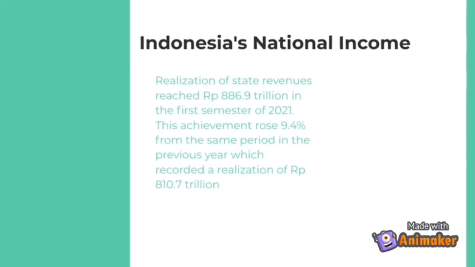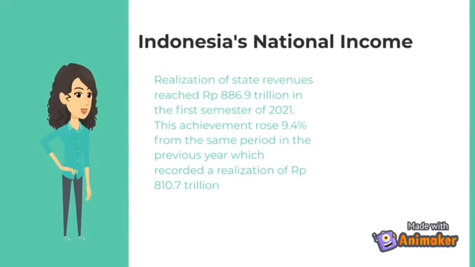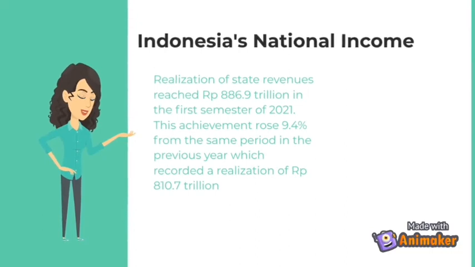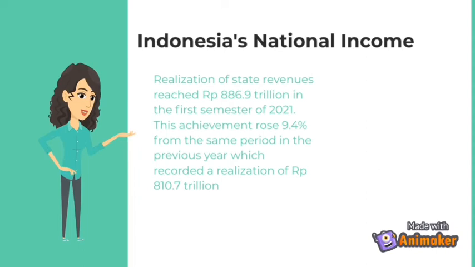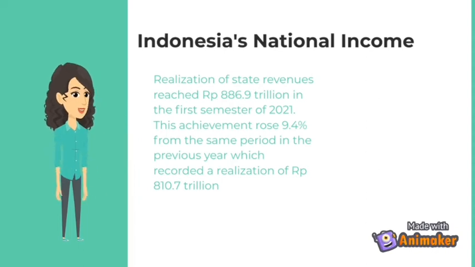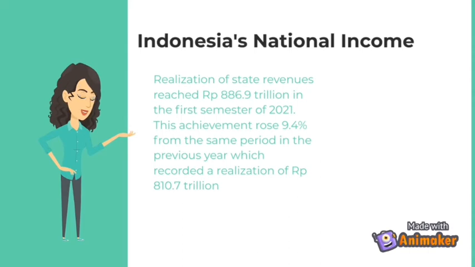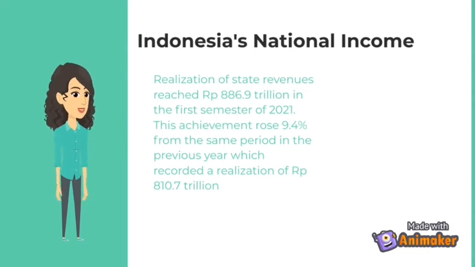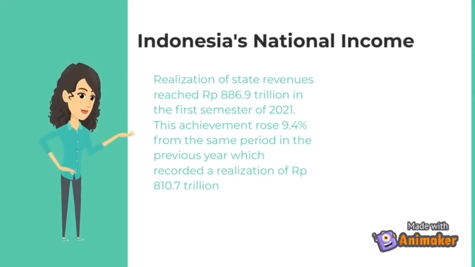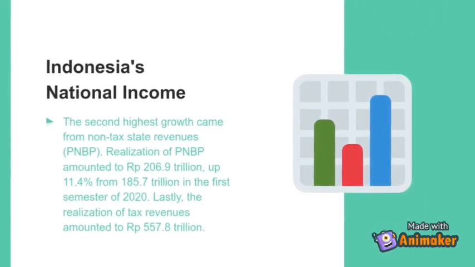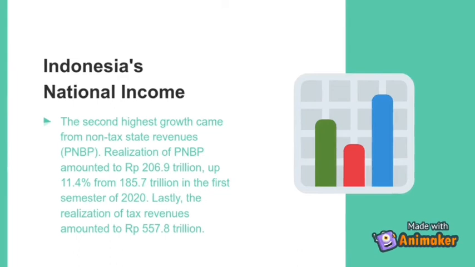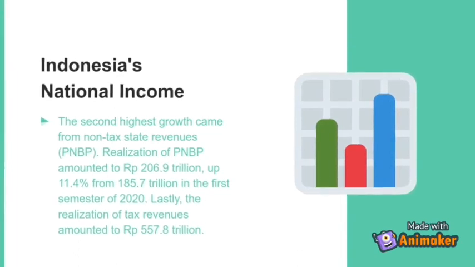Realization of state revenues reached Rp 886.9 trillion in the first semester of 2021. This achievement rose 9.4% from the same period in the previous year, which recorded a realization of Rp 810.7 trillion. The second highest growth came from non-tax state revenues, PNBP.